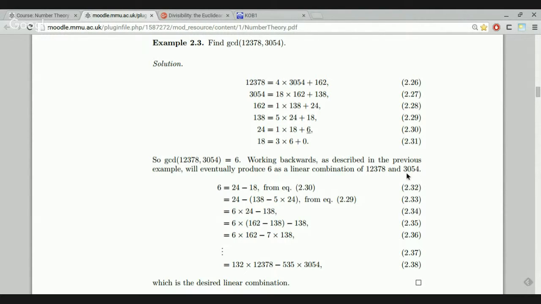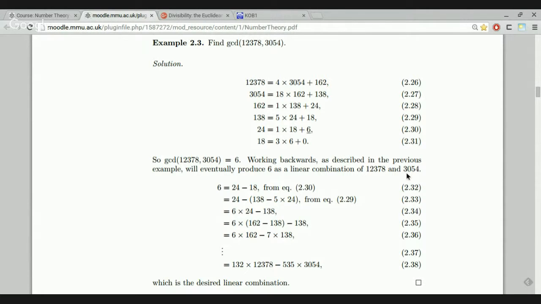Then if you look at the next equation up, it will allow you to substitute for the 18. Because these numbers here always have a coefficient of 1, because they're the remainders. So this equation up here allows you to express 18 as a combination of 138 and 24. So you see them.